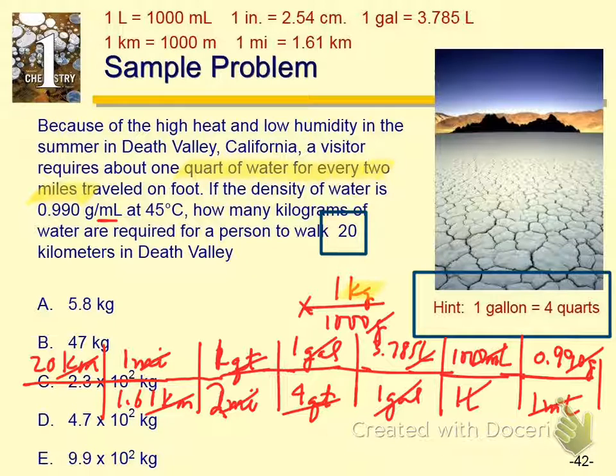In my calculator, 20 divided by 1.61 divided by 2 divided by 4 times 3.785 times 1,000 times 0.990 divided by 1,000. And you could cancel your thousands out if you want, since we have one on the top and one on the bottom. But that's what you're going to put in.